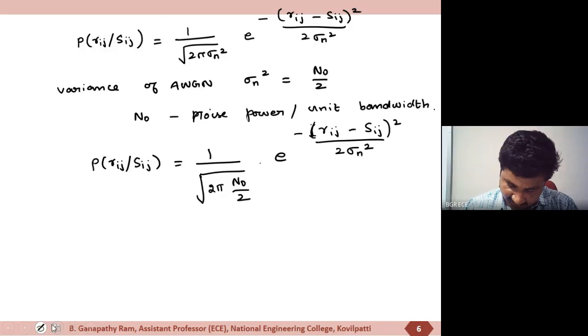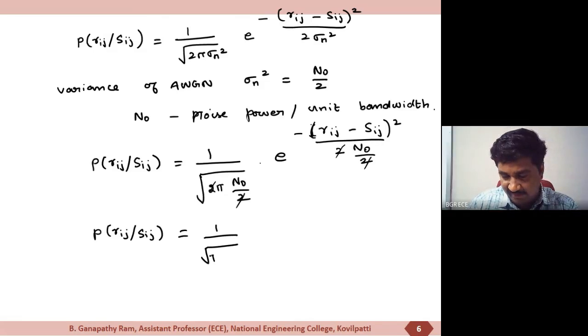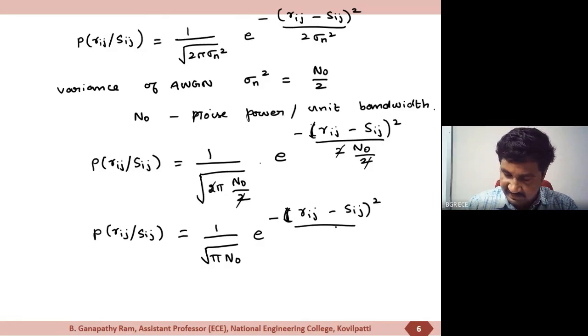Sorry, sigma n square can be written as N naught by 2, so the 2 will get cancelled. So P of Rij given Sij is nothing but 1 divided by square root of pi N naught multiplied by e to the power of minus Rij minus Sij the whole square divided by N naught.